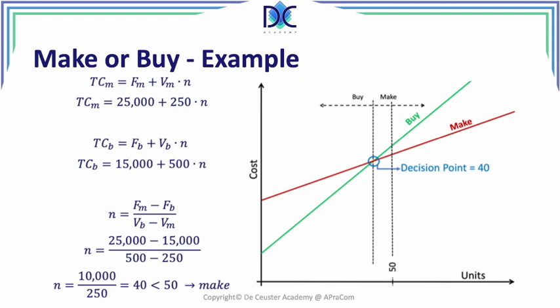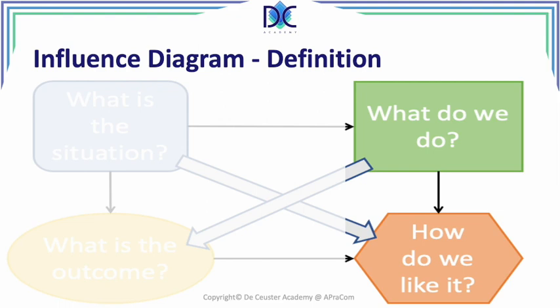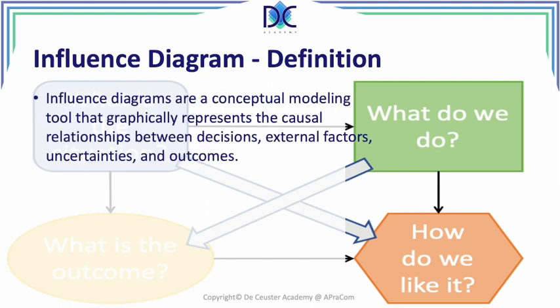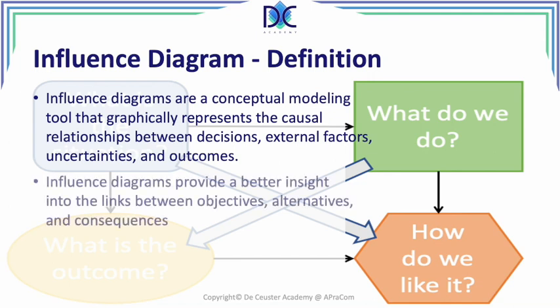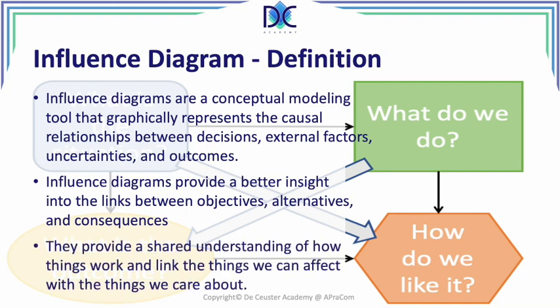We also have what we call the influence diagram, and we can have a definition here. Influence diagrams are a conceptual modeling tool that graphically represents the causal relationship between decisions, external factors, uncertainties, and outcomes. Influence diagrams provide a better insight into the links between objectives, alternatives, and consequences. They also provide a shared understanding of how things work and link the things we can affect with the things we care about.